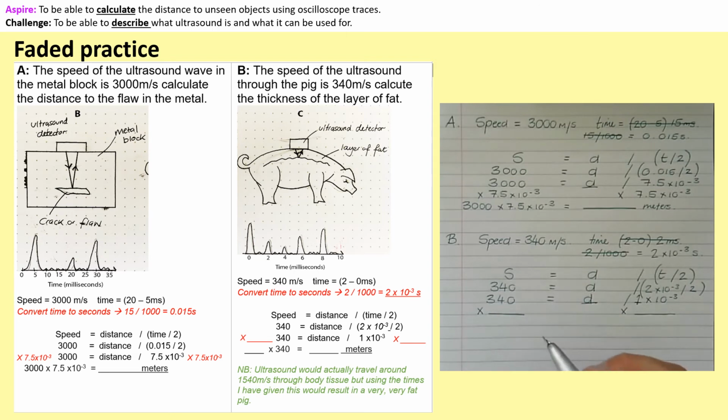And then when you've done that, your answer is going to be something multiplied by the 340, and that will give you the distance in meters. Okay, so just continue and solve that, please. Okay, I'll give you another couple of seconds before we change the slide.